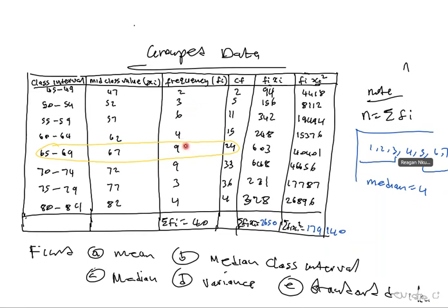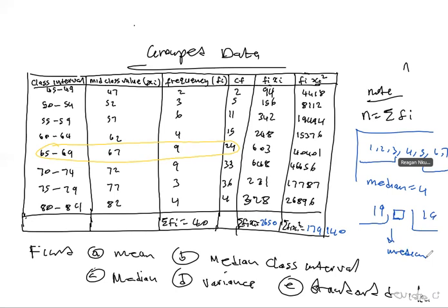Then we also need to count 19 numbers from the bottom line, since all the numbers are 40. So where will 19 fall? We need to have 19 numbers from this side and 19 numbers the other side, so that the one that remains in between is the median, isn't it? So this gives us the median.